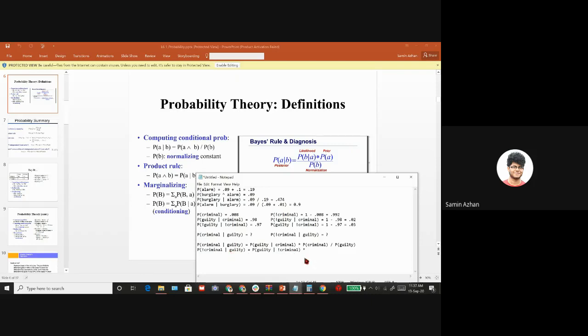We multiply it by the probability of A, in this case the probability of not criminal, and divide by the probability of B, which is again the probability of guilty, just like the previous one.